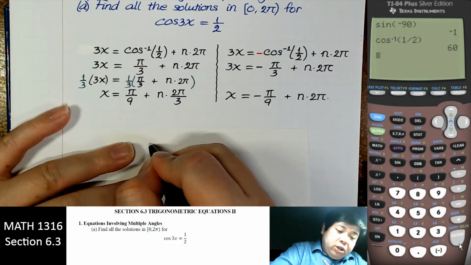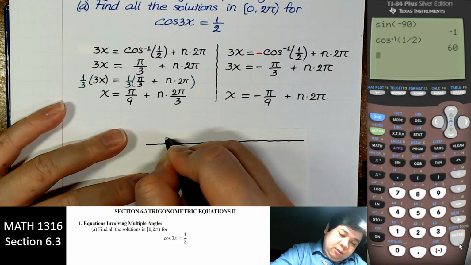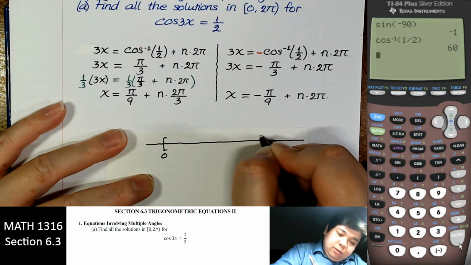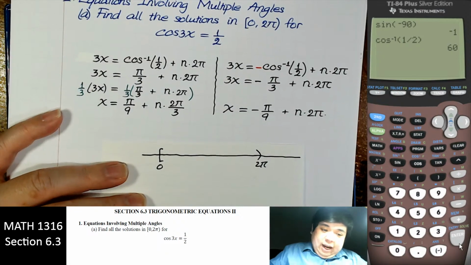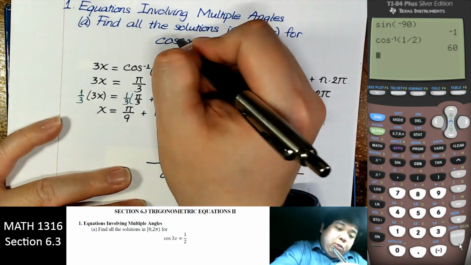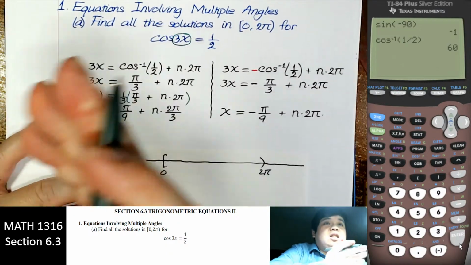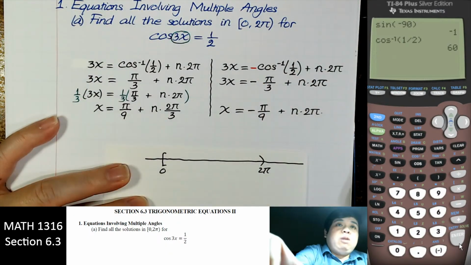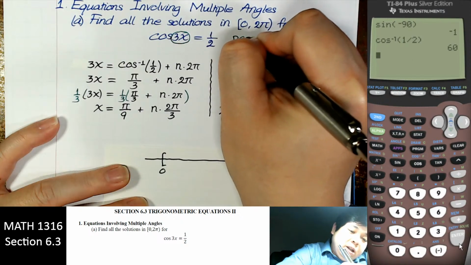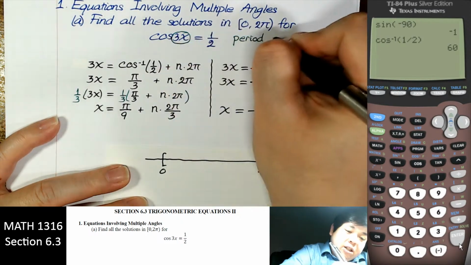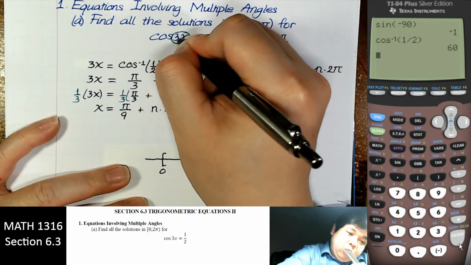The solution is from 0 to 2 pi. But in our problem, we have cosine of 3x. Just like when we graph this function, cosine of 3x, the period for this function is 2 pi divided by 3.